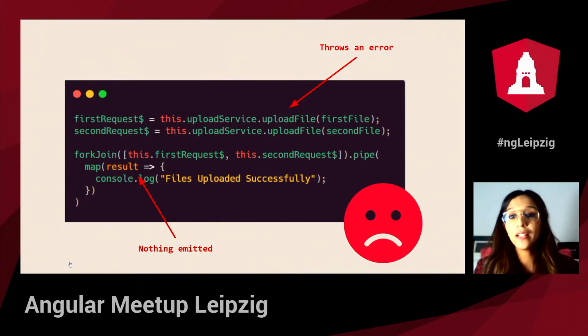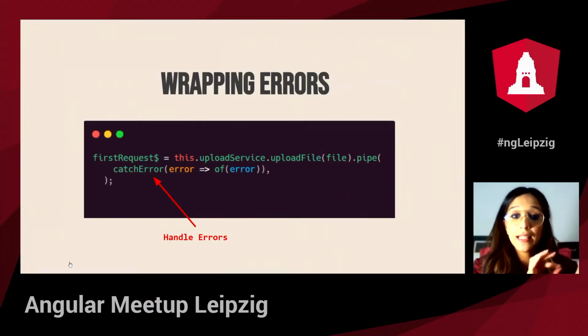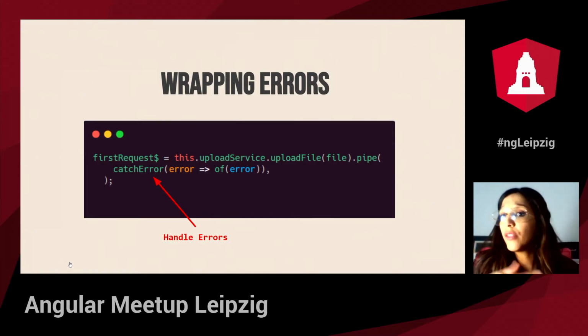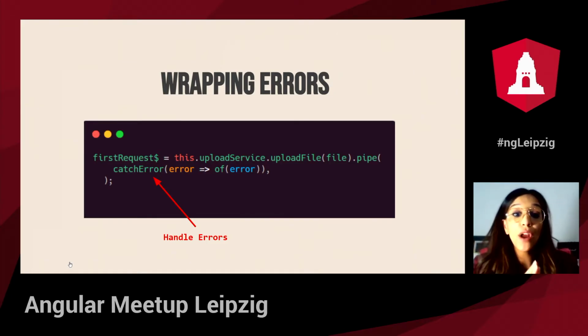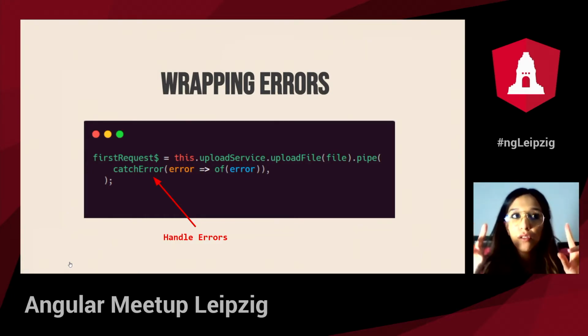Still, fork join is a good candidate, because here you can just wrap your errors. The idea is wrapping your errors and returning an observable that contains, for example, the description of the error, as I said earlier: the file exceeded the limit X, or this PNG type is not supported by the API. Wherever, it's just an example. So you can catch the error, wrap it inside an observable and return it. It's kind of keeping the stream alive.